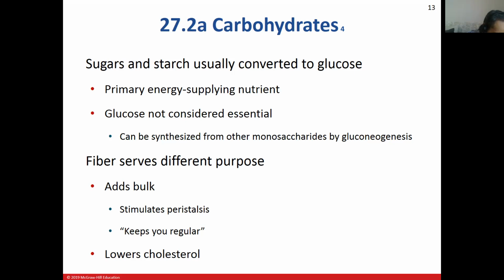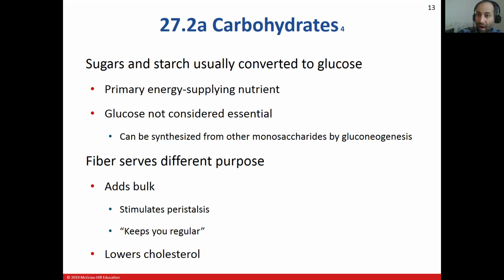Because colorectal cancer is all about how much time is spent for that food just sitting in your gut, coming in contact with the epithelium. So the more of the, especially fatty foods, animal-derived foods that are sitting in your gut and coming in contact with your epithelial lining of the intestine, the higher your chance of developing colorectal cancer.